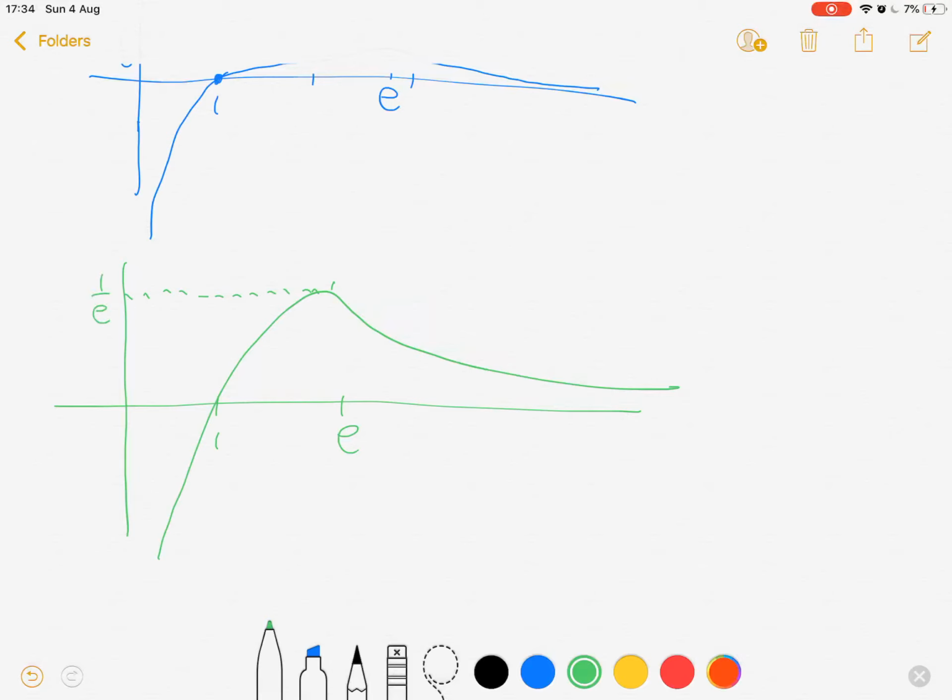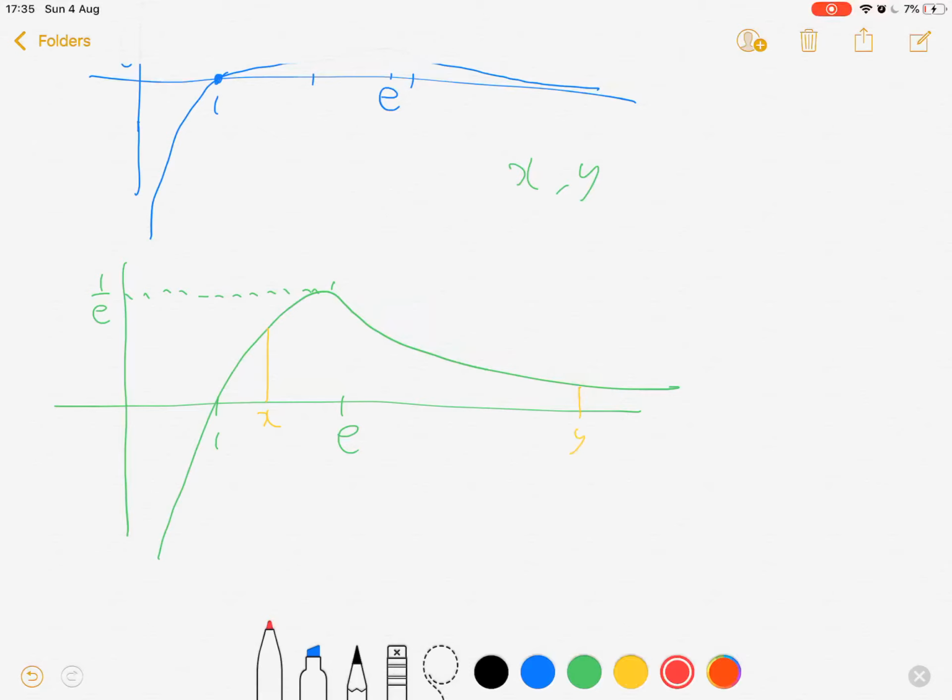So this is f(alpha), and what do we have to do? We want to see what is bigger when we put x or y. So let's say x was about here, and y was about here.